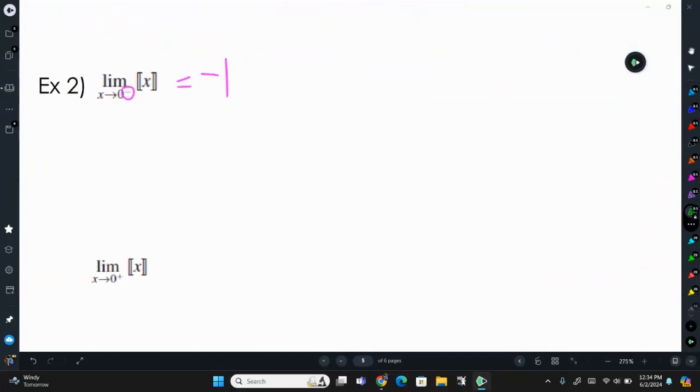So then that equals 0. So this gives us more practice with reading graphs from left to right, but we again have to be careful that we are looking at what y value the function approaches, not necessarily what it is equal to. What value do we get closer and closer to?